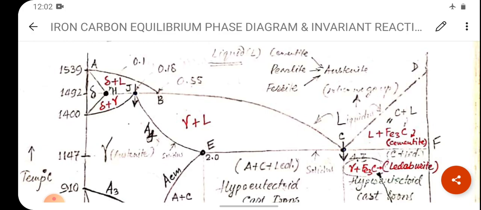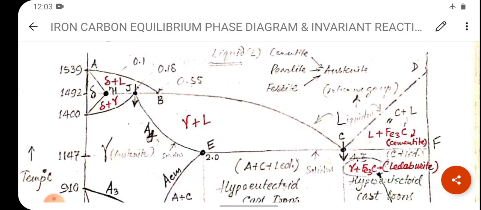I'll explain what is this, and draw a line from H to B cutting at J. This will give you peritectic reaction. I'll explain this type of reaction, what will give you. So H to B I have joined, and draw B to C, that is a curve line, and again C to D, this is inclined line.